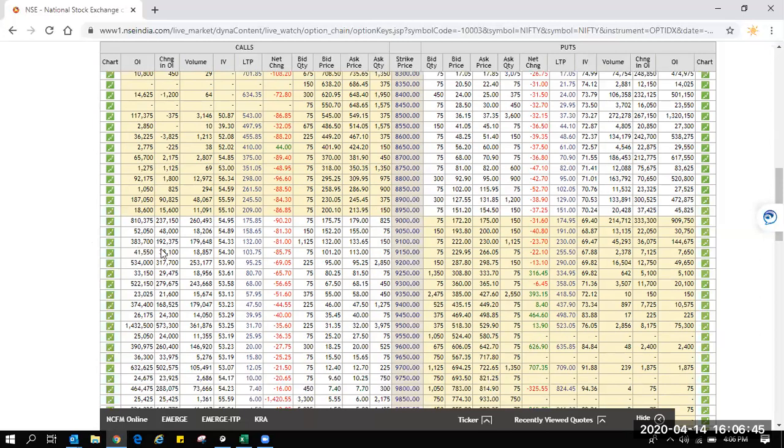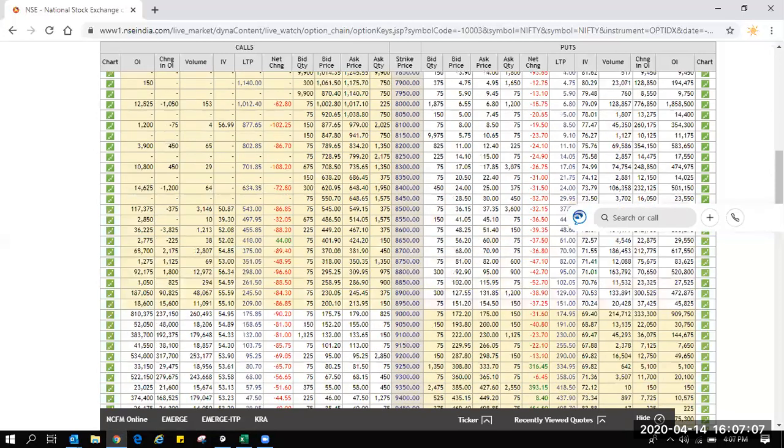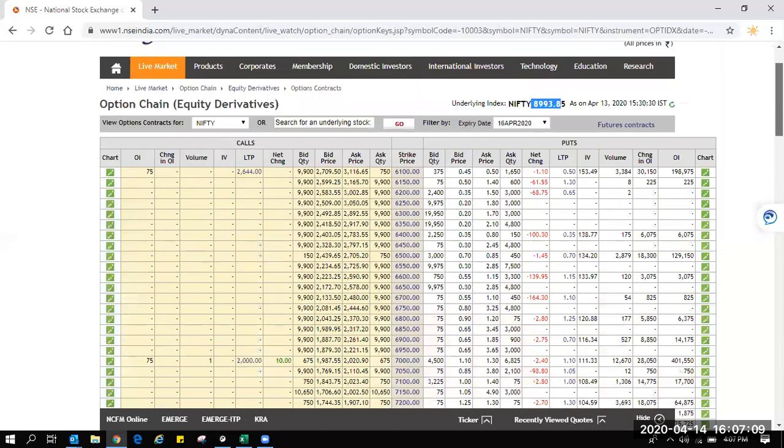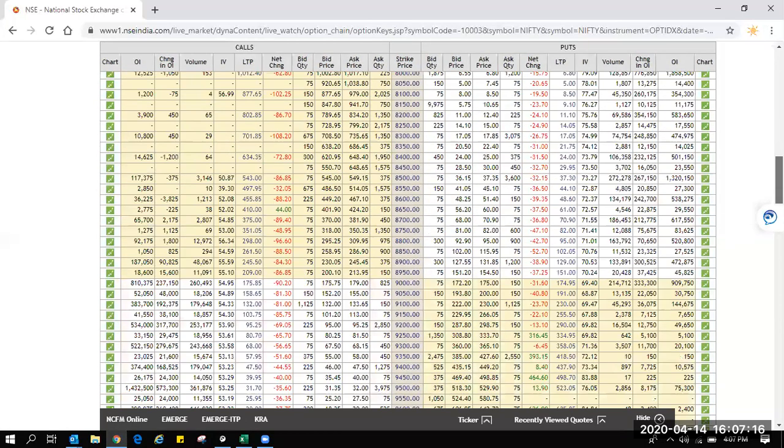Now the most important part is the OI of the option chain, reading and understanding the OI. OI means open interest, that is the number of positions which are open for each strike. We need to first consider the nearby strikes. As you see, the Nifty has closed at 8993, so the nearby strike is 9000.